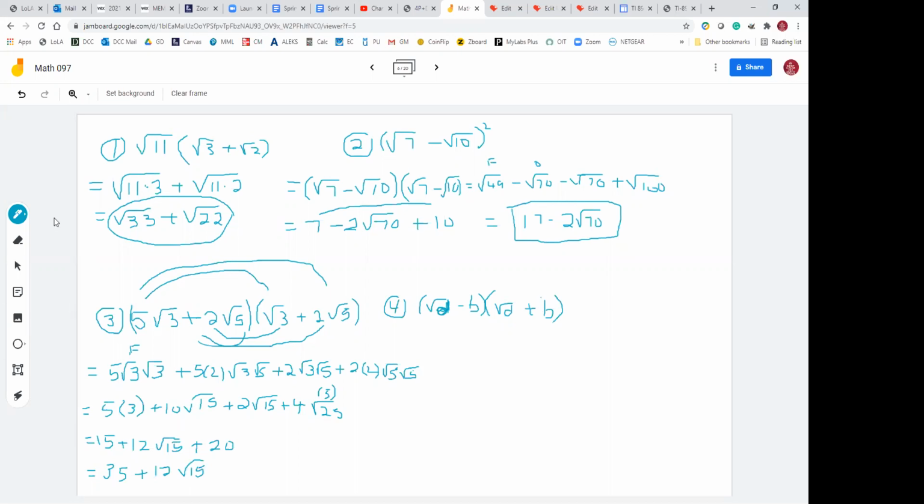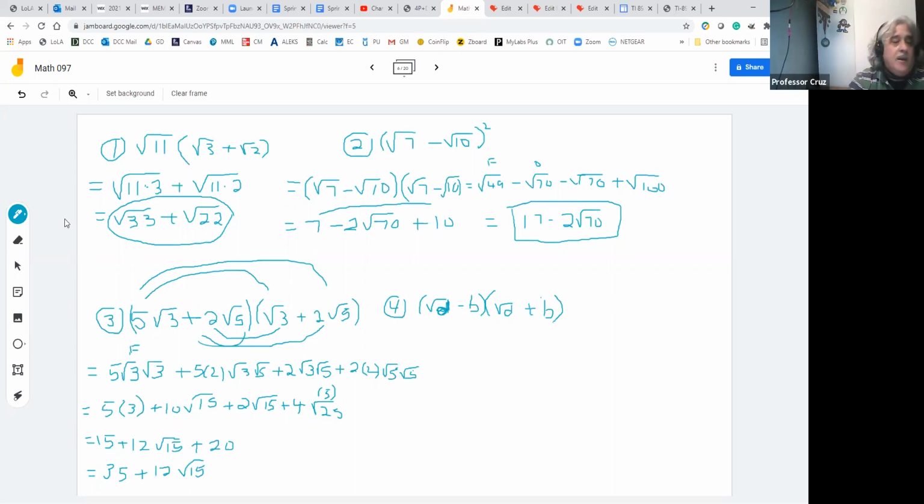Okay, good. Now the next one can be easier or harder, depending on how you do it. If you fill it out, it might take a little bit longer, but notice that, and we're going to learn this term in the next section, they're conjugates of one another.